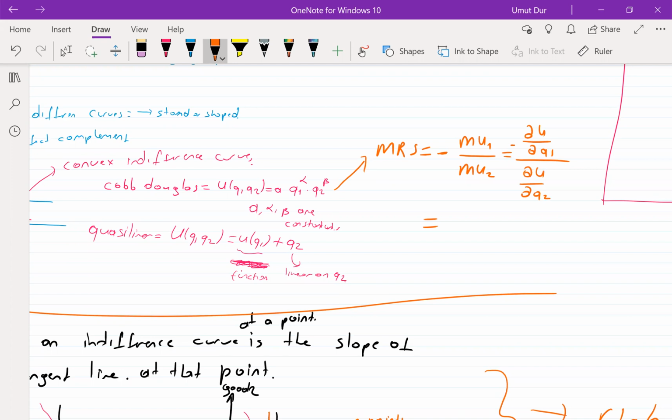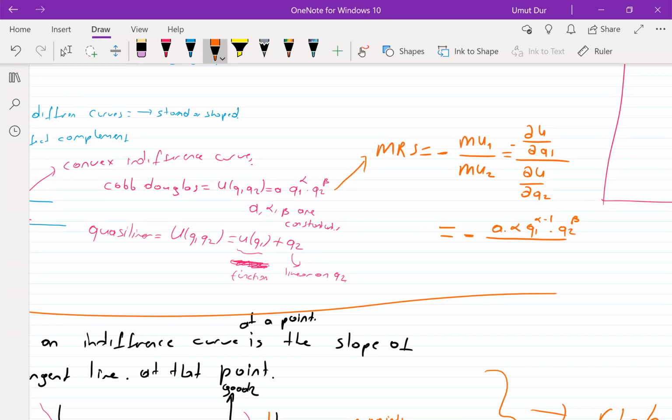Then if I take the derivative of this function with respect to q1, A will be constant. I will take alpha in front: Q1 to the alpha minus 1 times Q2 to the beta, the same.